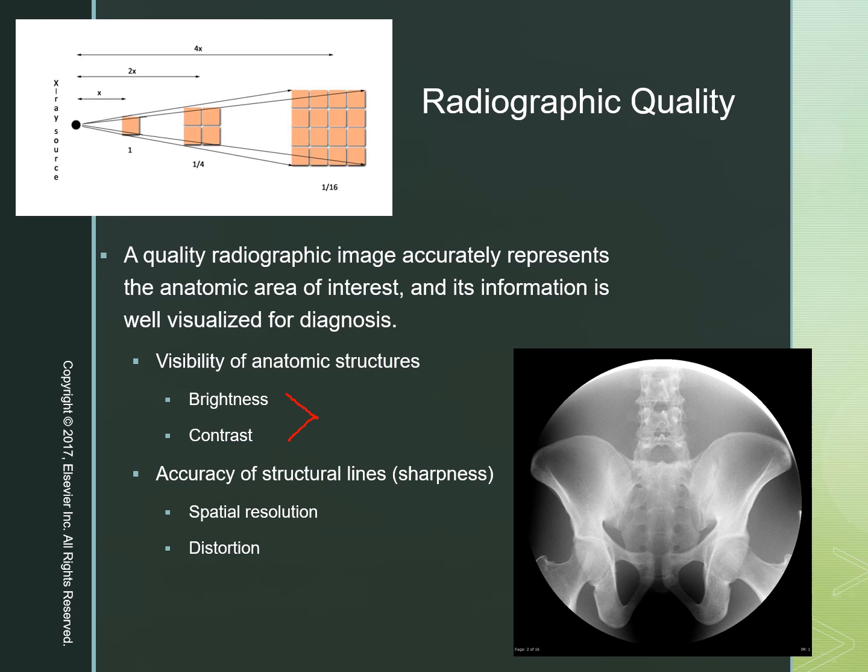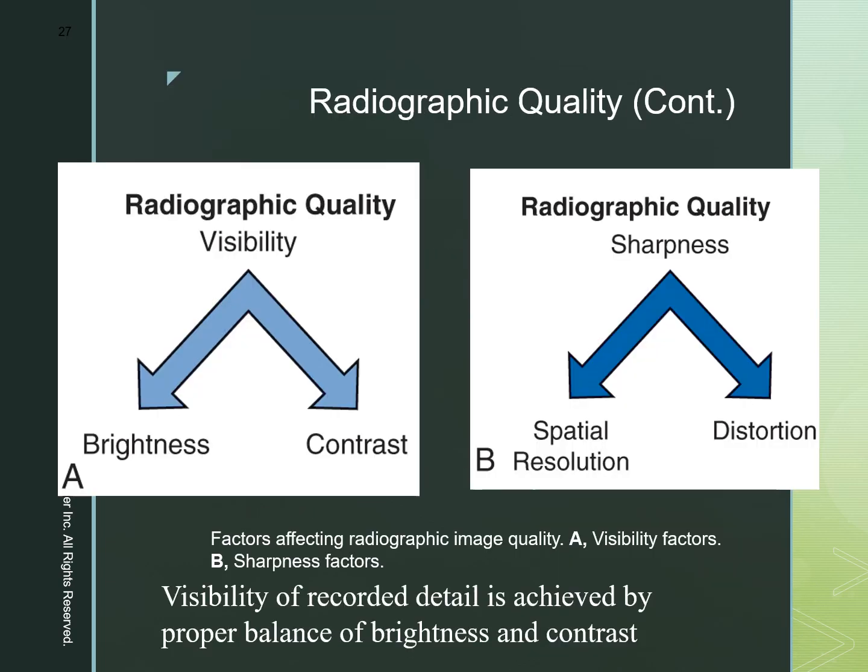The accuracy of structural lines, or sharpness, like I said, is really our spatial resolution, sometimes called recorded detail, and that is going to be most reliant on our geometric factors like we see above here. Now, radiographic quality has a couple of different components, where our brightness and our contrast contribute, as well as our spatial resolution and hopefully lack of distortion. But we can't see our sharpness unless we have good visibility.